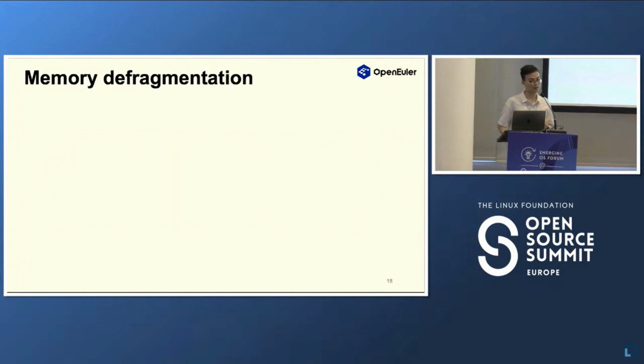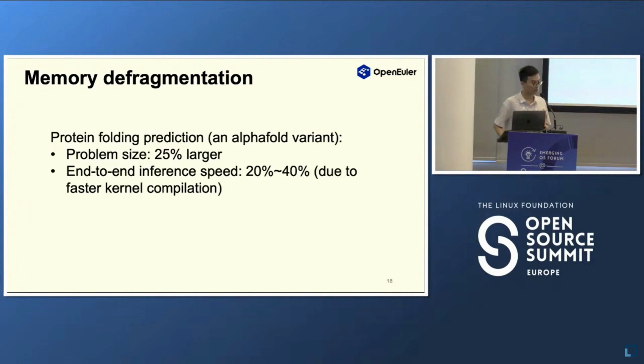We also tested how it behaves in real applications, and how it solves the memory fragmentation issue. We use an application for protein folding prediction, which you can see as an AlphaFold variant. GMEM allows it to use more HBM so that the problem size is 25% larger, so it can process larger sequences of proteins. This does not involve any memory oversubscription.